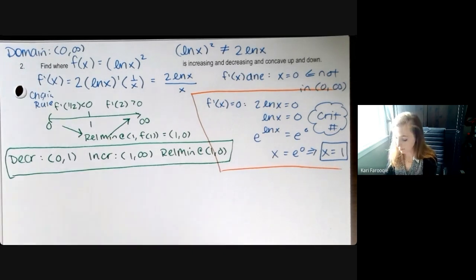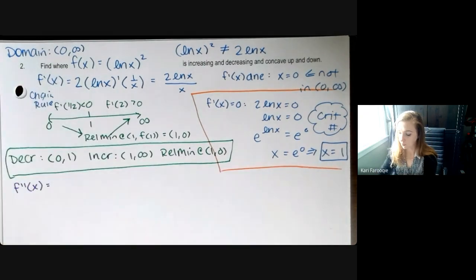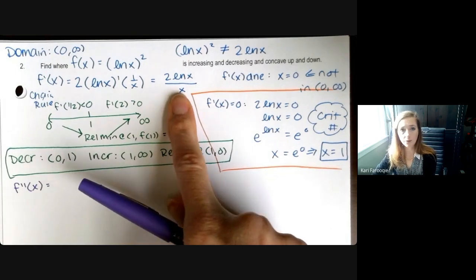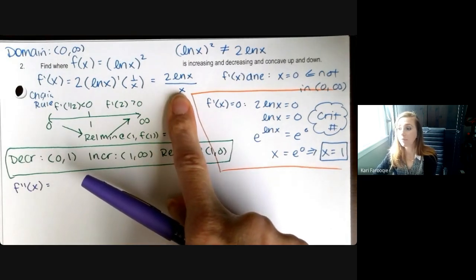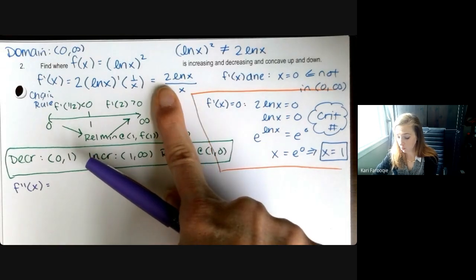F double prime. So we're going to go back to our first derivative, and we got a couple different things we could do. I'm just going to go ahead and use the quotient rule. So we'll do f prime g minus f g prime. The derivative in the numerator is 1 over x multiplied by 2.